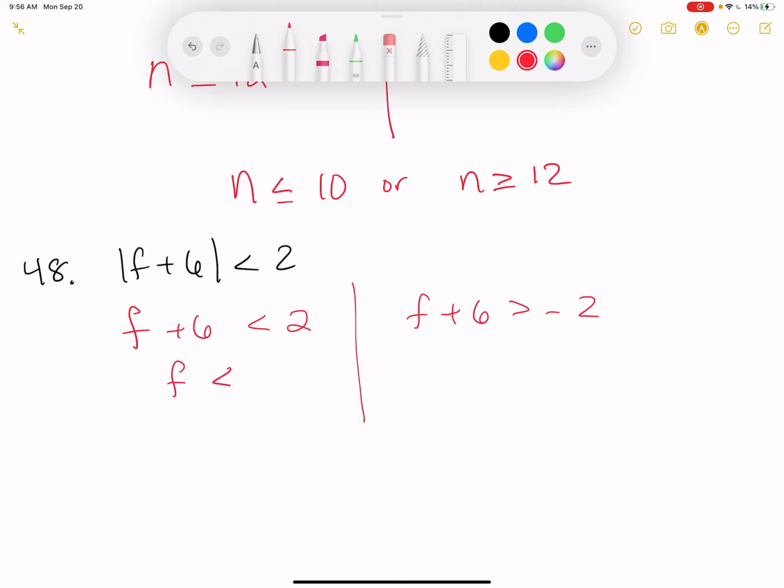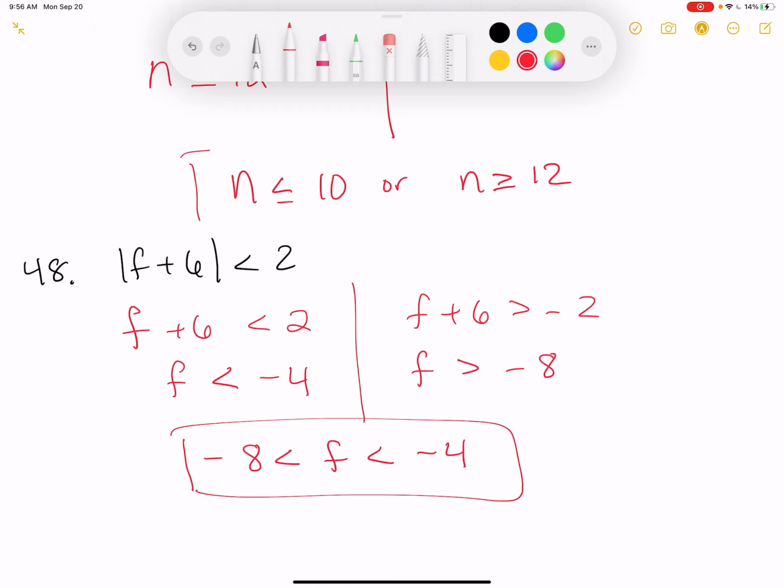So f is less than what? Negative 4. And f is greater than negative 8. Okay, so then the official way to write this is negative 8 is less than f, which is less than negative 4.